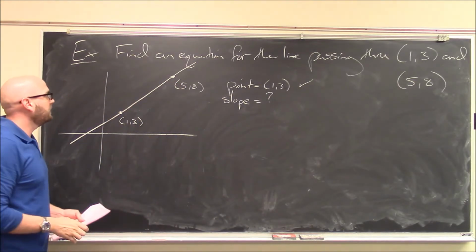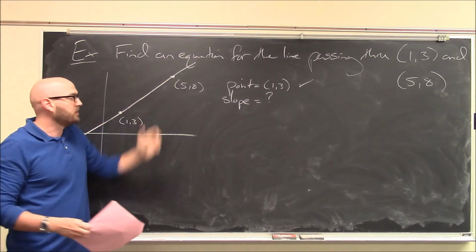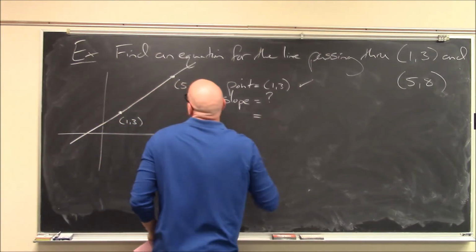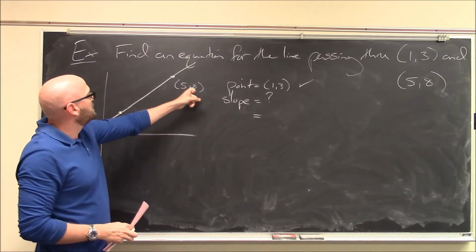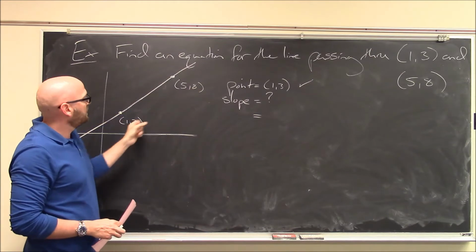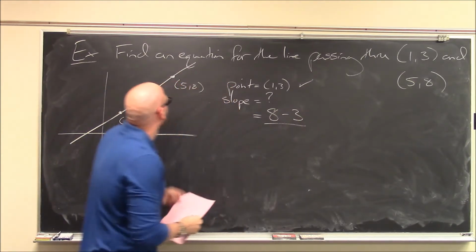Okay, well, let's try to find the slope. This is something we've done already. If I know two points on the line, I can always find the slope. The slope is change in y over change in x. So for the change in y, we'll go with the y coordinate of this one, 8 minus 3, the difference in the y coordinates over the difference in the x coordinates.